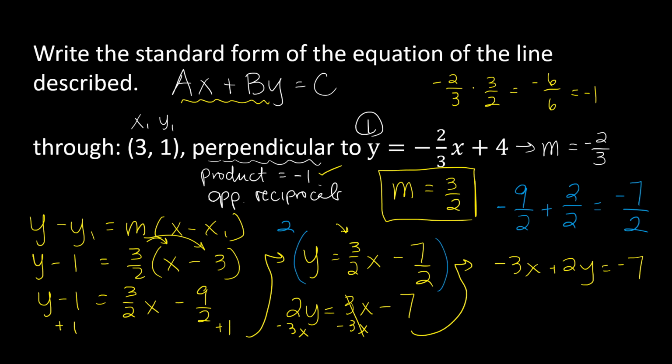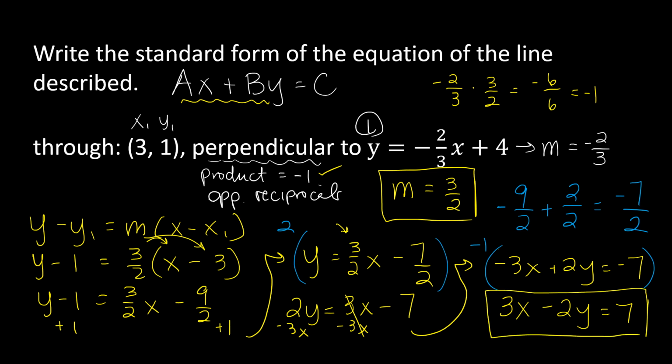So that means I'm going to multiply everything by negative 1 to get rid of that negative from my a. So that means I now have 3x minus 2y equals positive 7. And there you go, ladies and gentlemen. That is my second equation written in standard form.